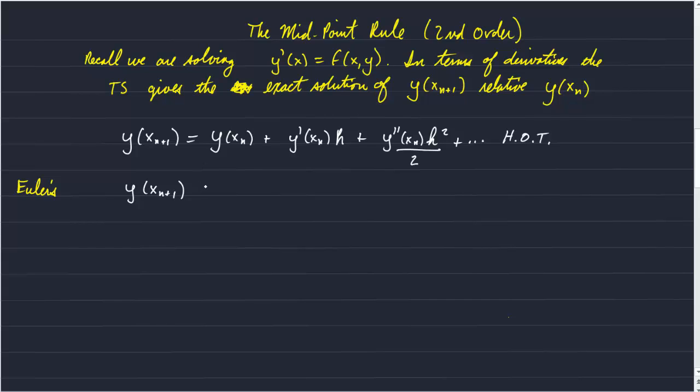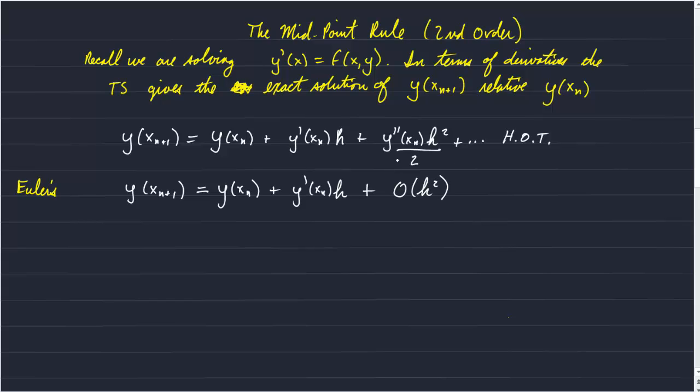So let's rewrite the exact solution as y at position x n plus 1 is equal to y at x n plus the first derivative times h plus a remainder which was of order h squared.